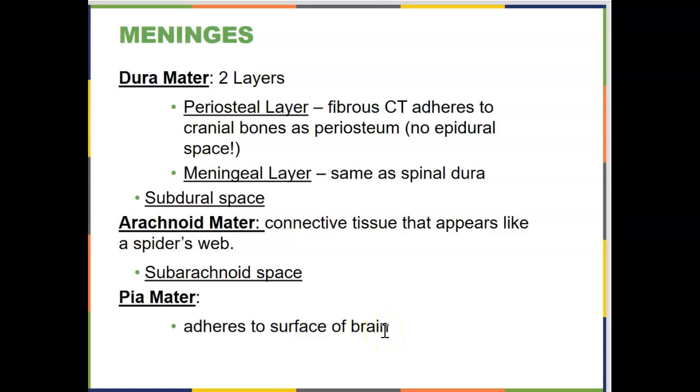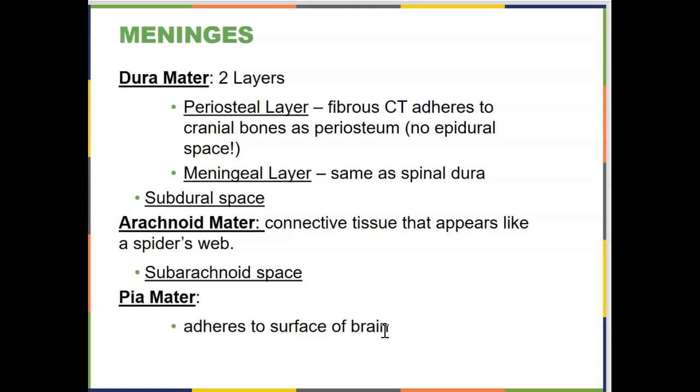So will you be able to see this? Some people's sheep brains have had the dura mater trimmed away. When we order the sheep brains, we can't designate that. You will definitely see dura close to the spinal cord though, and it looks like a thick, almost paper, it's so thick, all right? The arachnoid mater and pia mater you might be able to see as well, but don't be surprised if you can't find the pia.